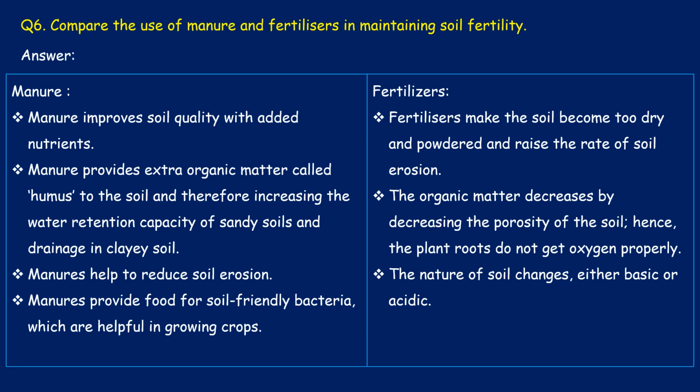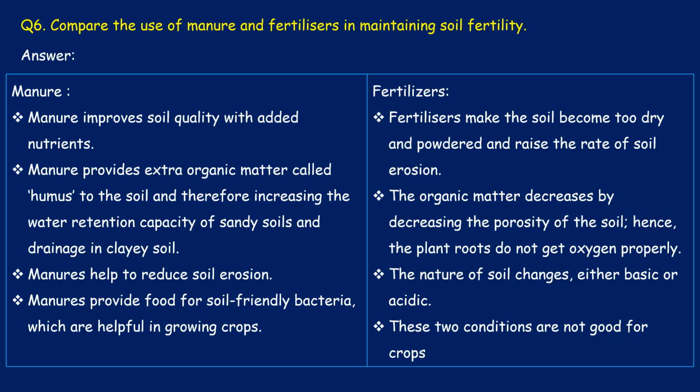Manures provide food for soil-friendly bacteria which are helpful in growing crops. There are certain bacteria that help crops to grow, and manure provides food for those bacteria. Two conditions are not good for crops. Which two conditions?